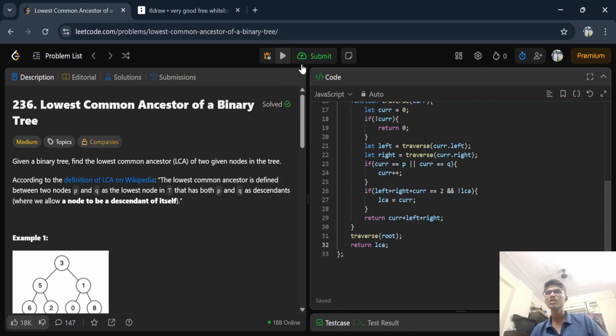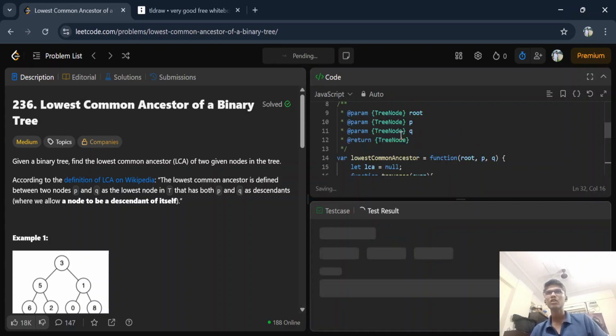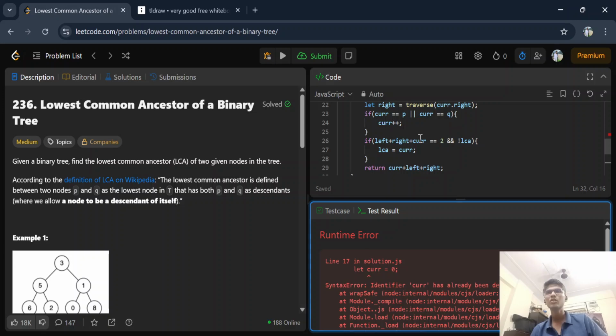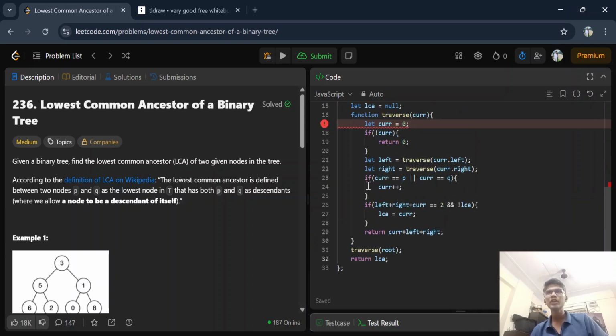I'm doing this to see whether my code is correct or not. So okay, current is 0, current has already been declared. So I need to name it count. Yes, not current. So if count plus plus, and count here as well, and LCA is equal to current only.